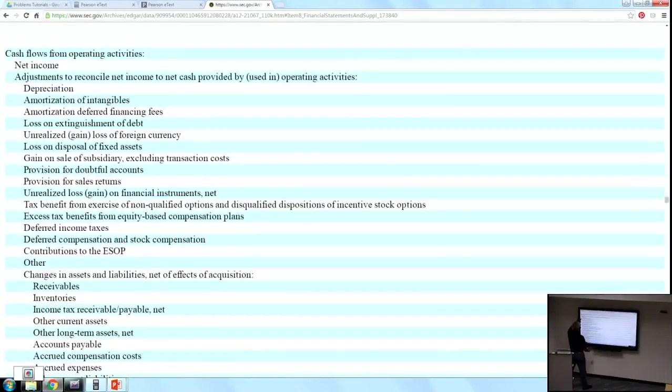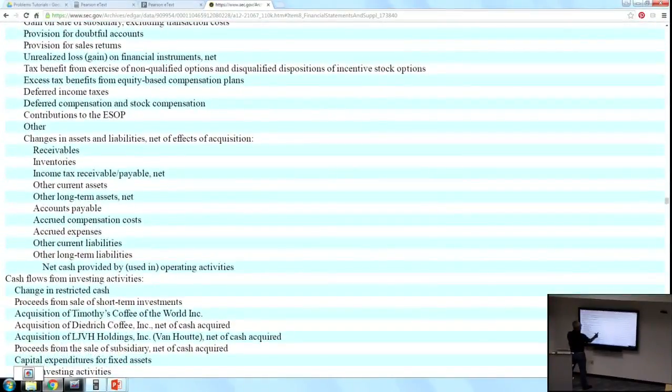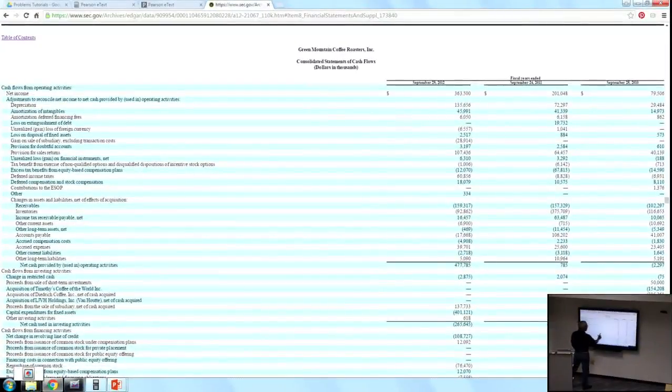We start with net income, make all of these adjustments to net income, and we come over here, net cash from operating activities. Net cash provided by operating activities is 477.785.